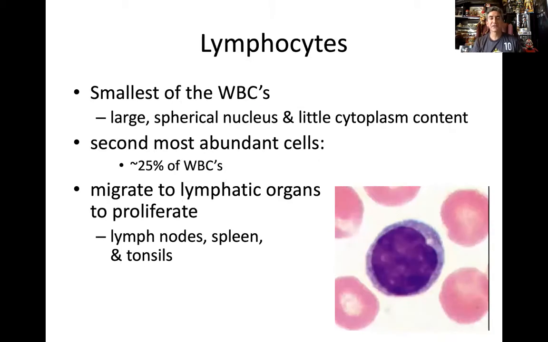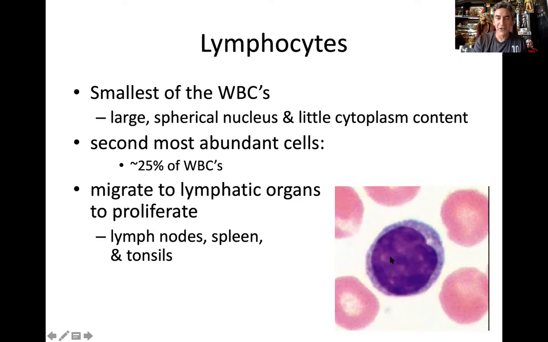So lymphocytes, the smallest of the white blood cells. They're kind of funny, actually. They have very large nuclei, just a regular round, spherical nucleus, but very little cytoplasm. So they're basically a cell that's just nucleus, right? Not a whole lot of other cytoplasm around that cell.